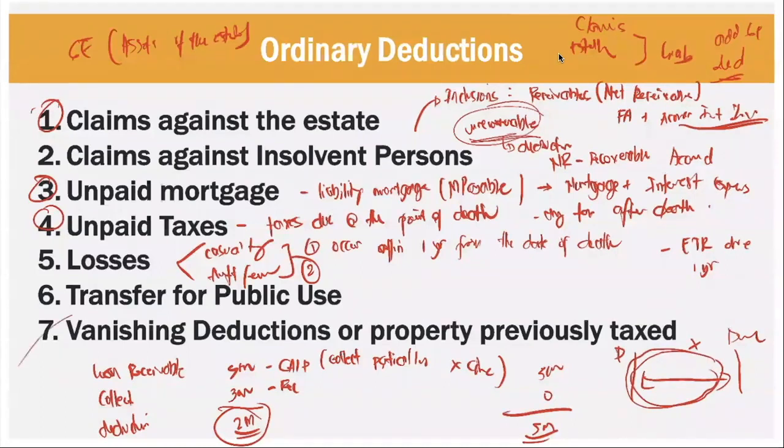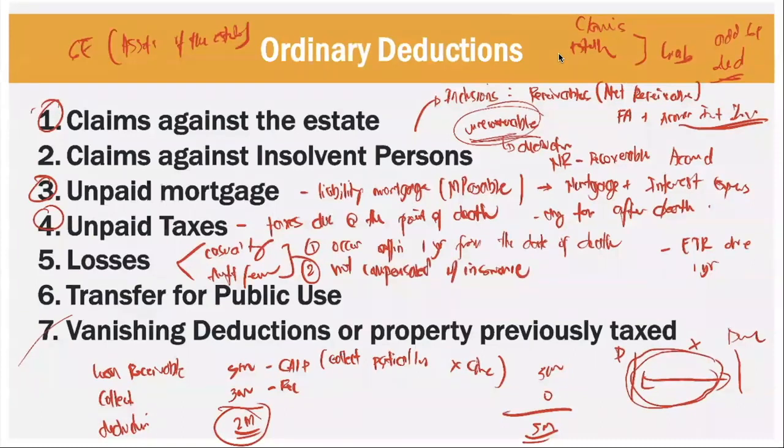Okay? So again, losses, either casualty or from embezzlement or theft, if they occur within 1 year from the date of death, are considered an ordinary deduction. Next, it must not be compensated with insurance. So there are two requirements. First, it must occur within 1 year.